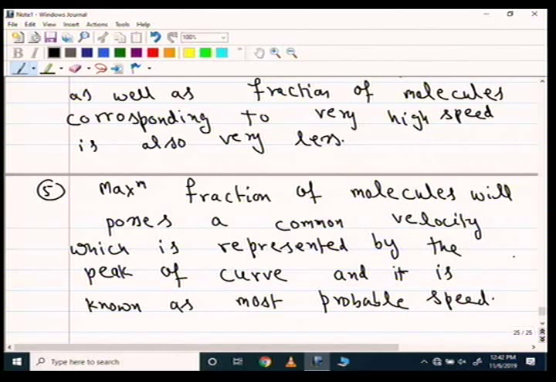Guys, copy this. After that, I'm going to ask you a question. First of all, I'll summarize this. Whatever points I have written there, I'll summarize it. Copied.